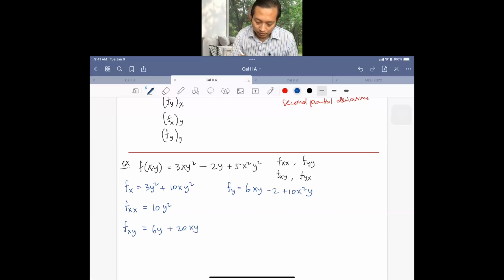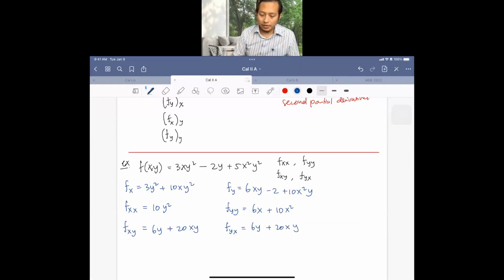And partial yy is supposed to be 6x plus 10x squared. And the partial yx, this will be 6y plus 20xy.